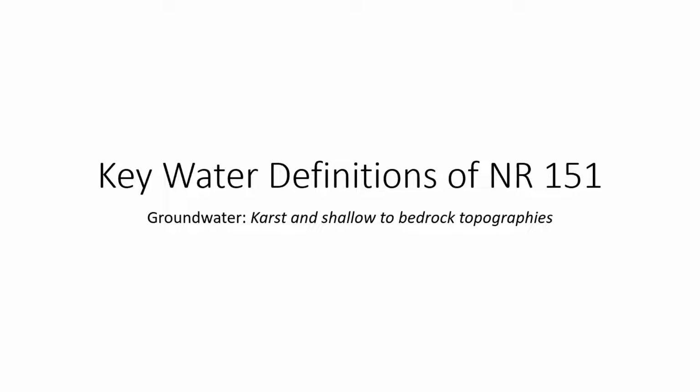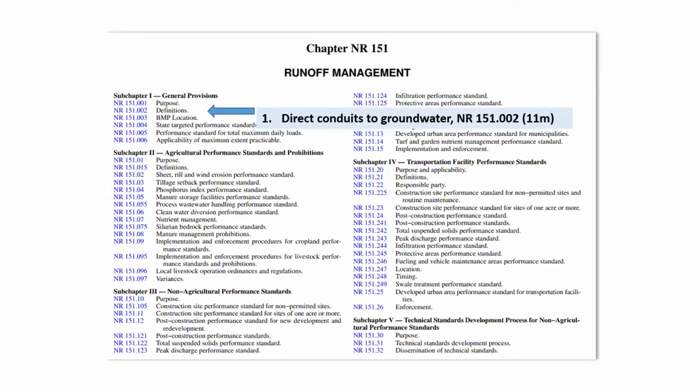Great. Mike and Amy already talked about this, but I really did want to highlight that when you're looking at NR 151, there are two subchapters to look for definitions. And I'm going to talk about 4 definitions primarily today. The first being direct conduits to groundwater, which certainly is one of the most important definitions that's listed in subchapter 1 under the general provisions.